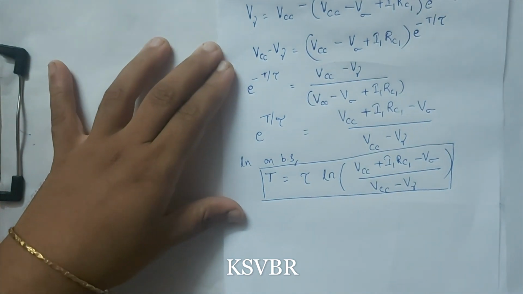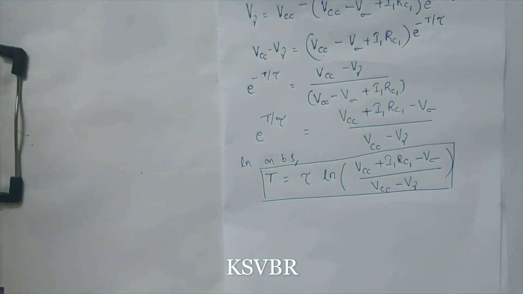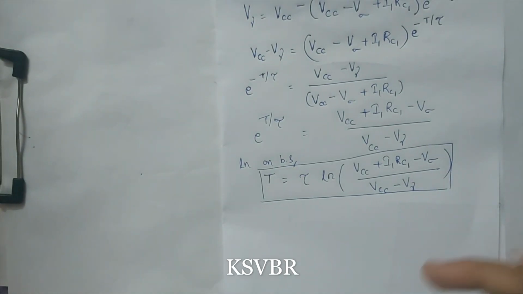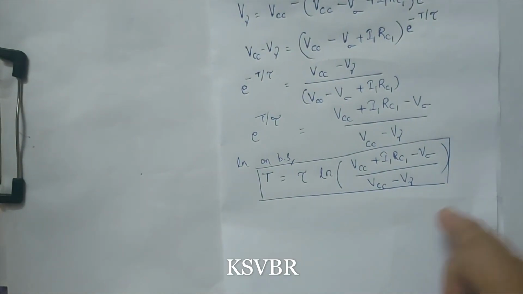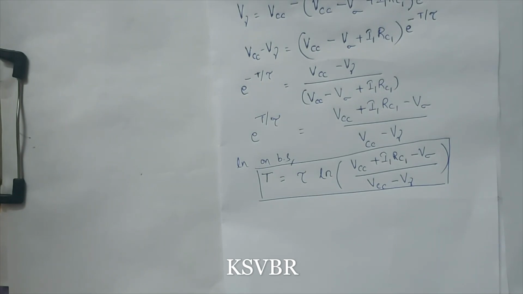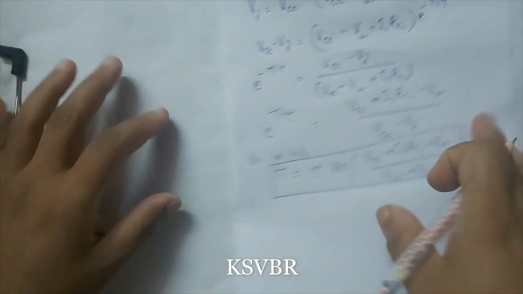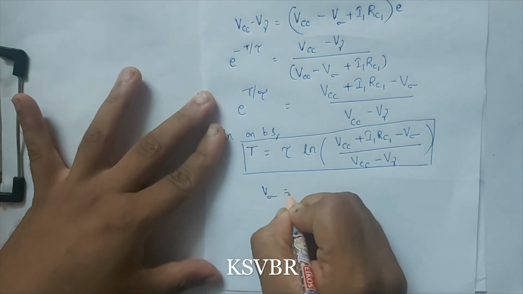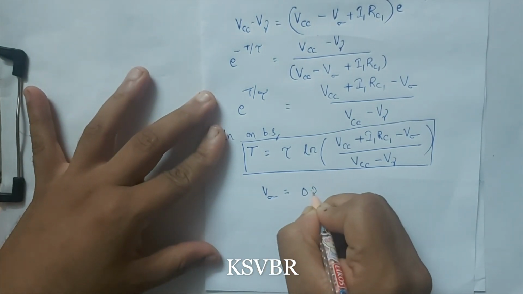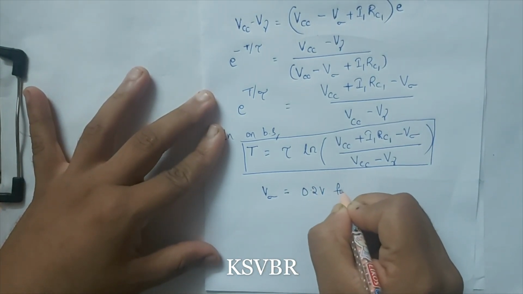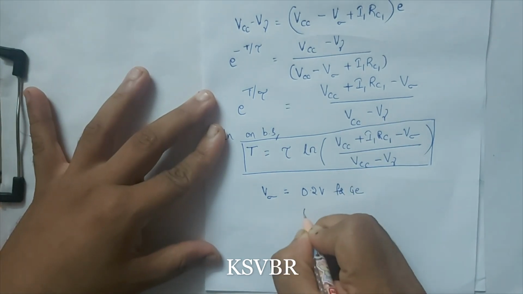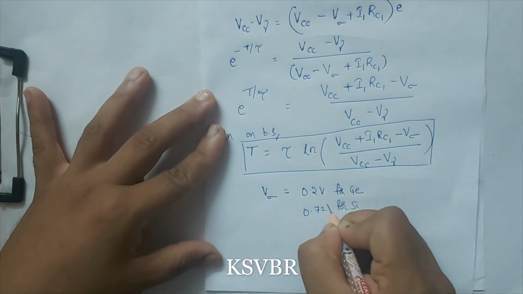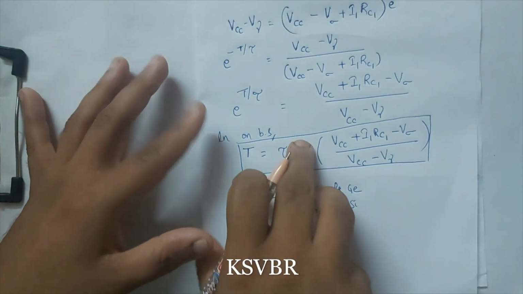Okay, this is the expression for pulse width. Further we are going to simplify this one. Depending upon the material, the V sigma value will change. It will be 0.2 for germanium, 0.72 for silicon. Okay, this is the value of V sigma.